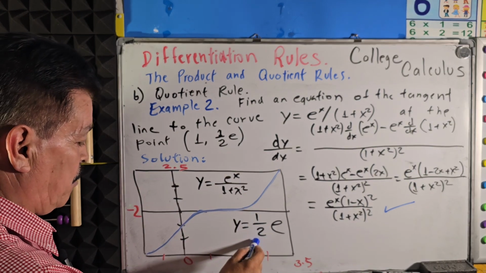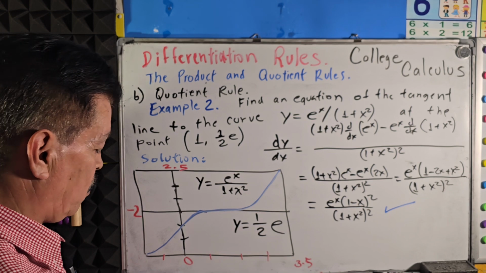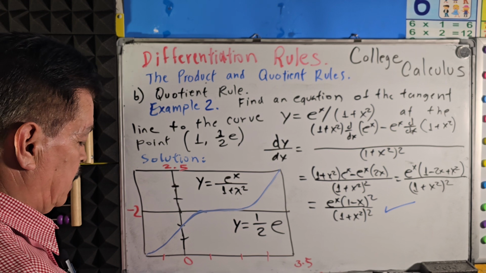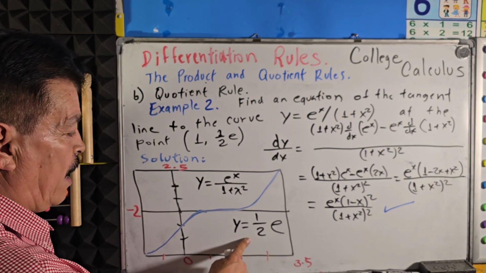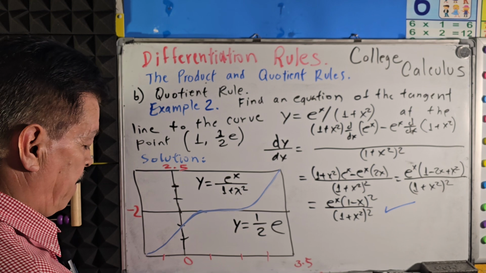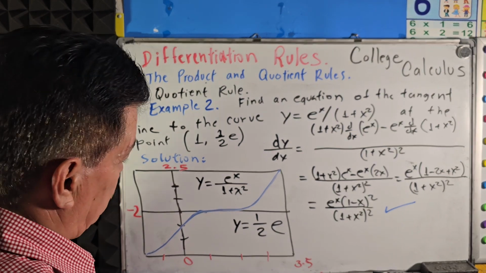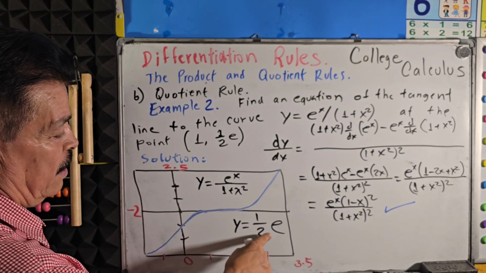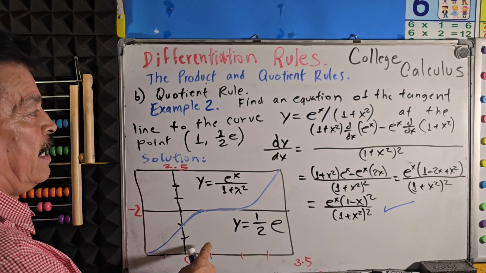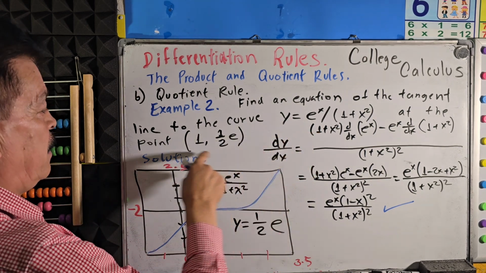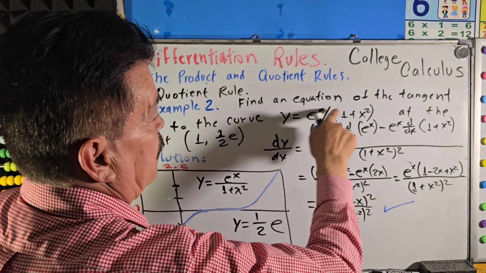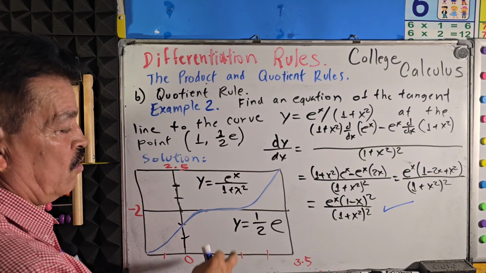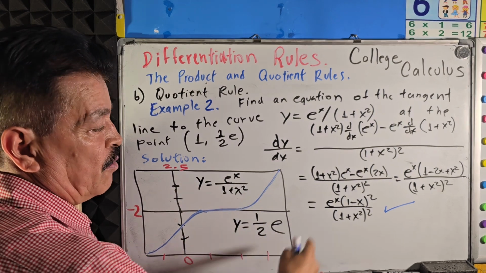It's a horizontal line, so the equation is y equals 1/2 e. This is the tangent line that is asked for in our problem: find the equation of the tangent line to the curve. So this is our problem.